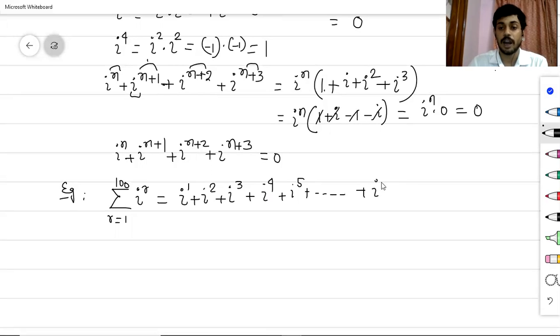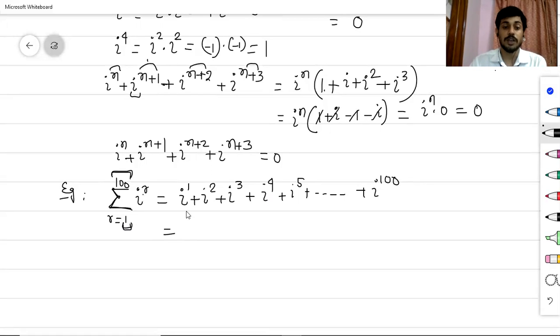I have to write it up to iota to the power 100, because summation meaning from 1 to 100 you have to go. This 1 is the lower limit and 100 is the upper limit. So you have to put 1, 2, 3, 4, so on up to 100 instead of r, and you have to add them, because the sigma is nothing but the summation.